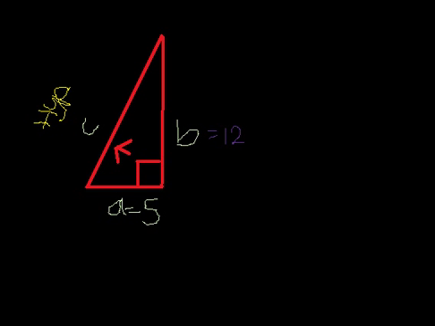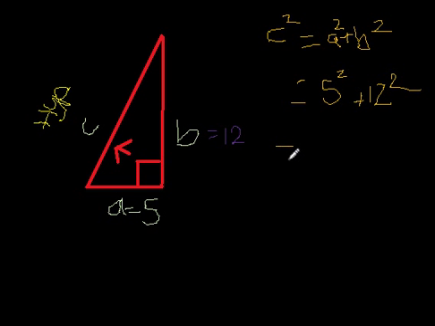So let's go ahead and use our formula. C squared equals A squared plus B squared. So C squared equals 5 squared plus 12 squared.